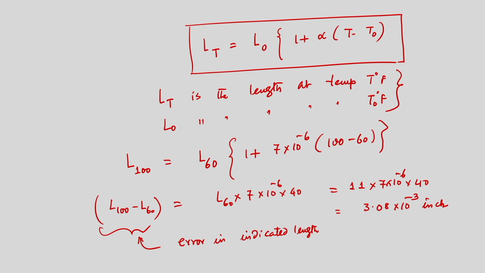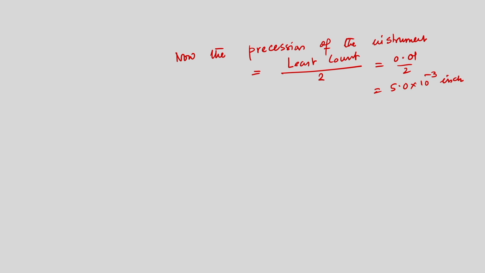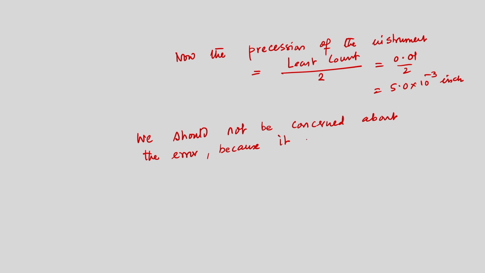That means, if we use this scale to measure 11 inch in a condition where the ambient temperature is 100 degree Fahrenheit, then the person using this scale should not be concerned about the error, because it is smaller than the precision of the scale.